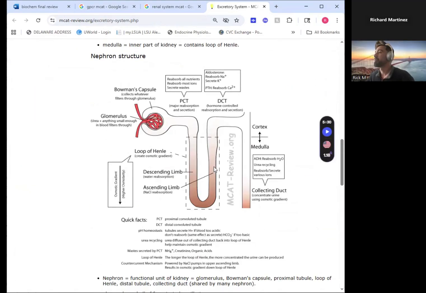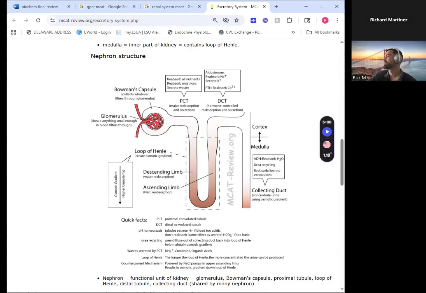So PCT. As we can see in this picture, the osmotic gradient goes as we go down, the higher the osmolarity. As we're going up, we're seeing reabsorbing Na plus, K plus, right?